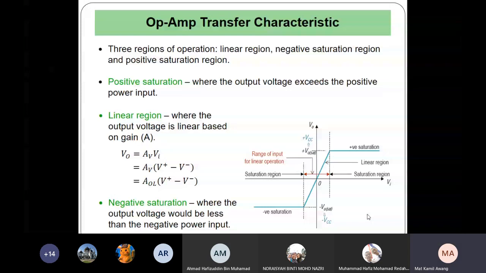Of course, AV is the voltage gain because AV is equal to V out over V in. And this voltage gain is equivalent to the open loop gain of the amplifier.